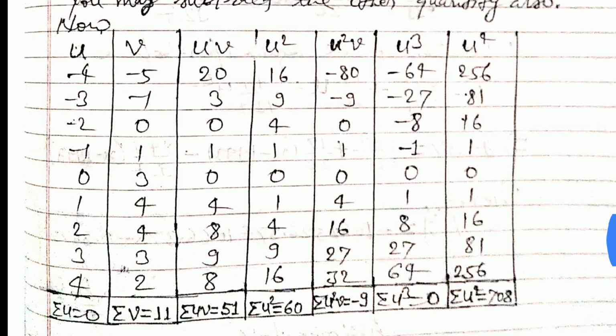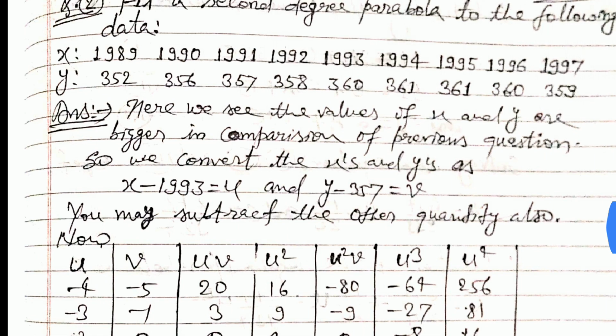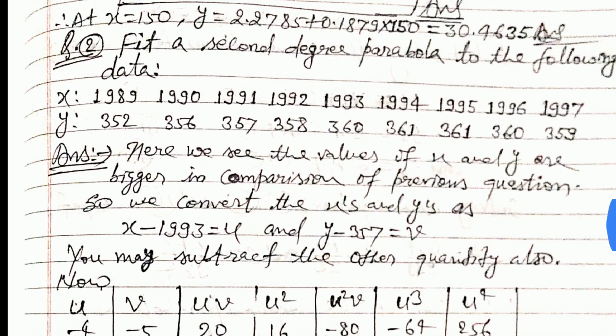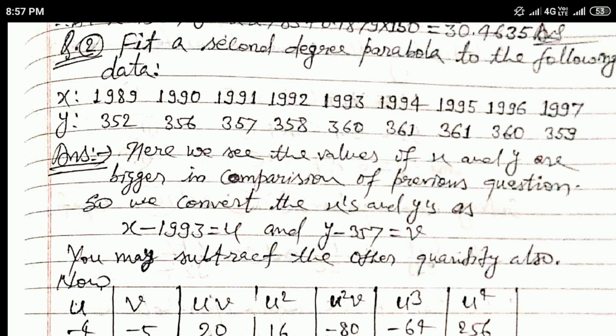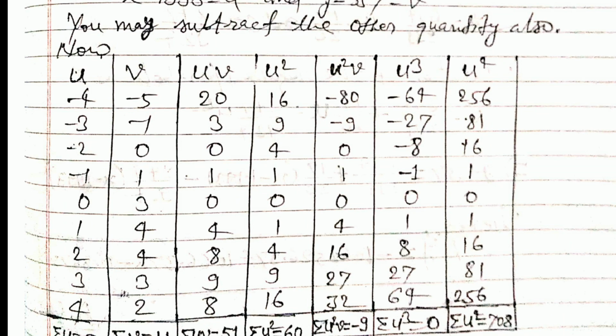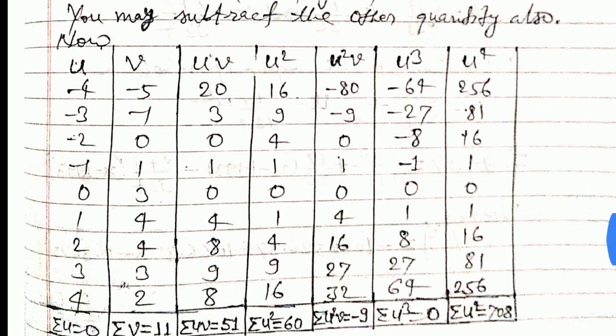That is why the table is long. We have the values of x and y, and we subtract 1993 from all the x and 357 from all the y, then we get the values of u and v, the first and second columns, and then the further columns.